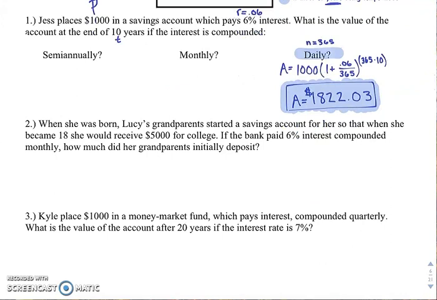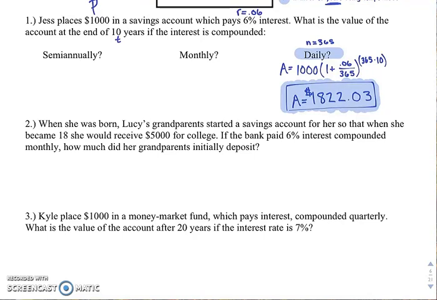It says when she was born, Lucy's grandparents started a savings account for her so that when she became 18, she would end up with or receive $5,000 for college. If this bank pays 6% interest compounded monthly, how much must her grandparents have initially deposited?